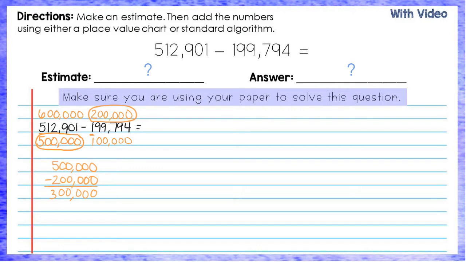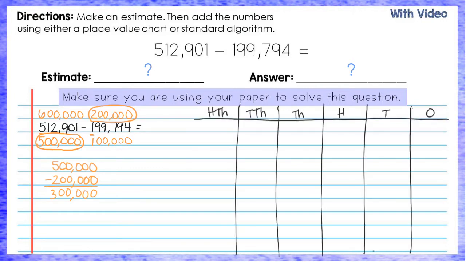Now let's make our place value chart. The number that we're starting with is going to be shown in blue, and the number that we're taking away will be shown in red. So I'm going to begin by writing my number in the place value chart starting in the ones.